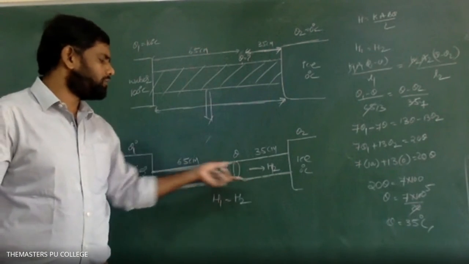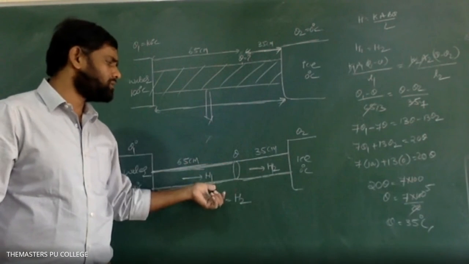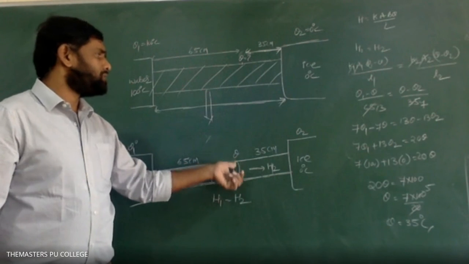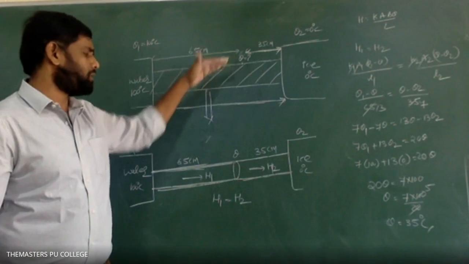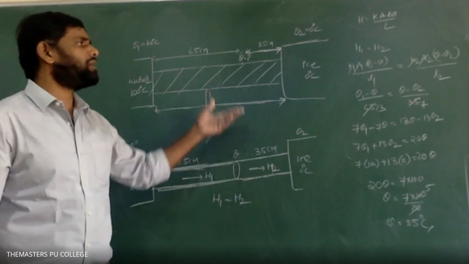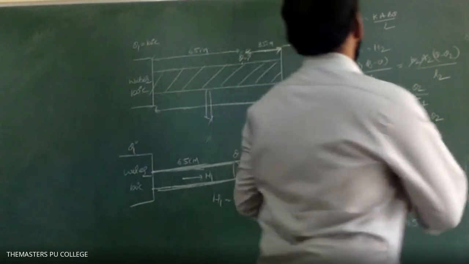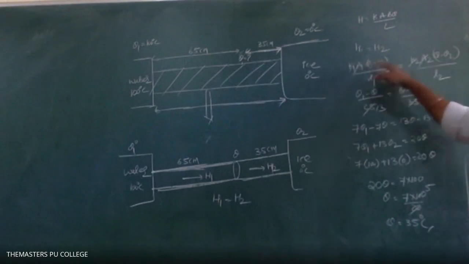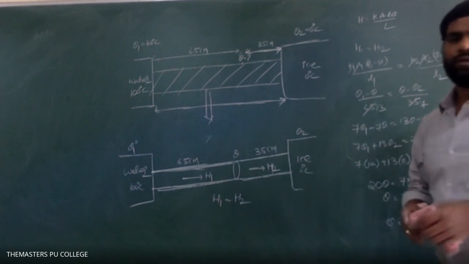If two rods of same material and same area of cross section are connected like this, how to calculate theta is the same. It is analogous to this one. Instead of calculating theta here, if we compare with this, then we can calculate theta. So that's why we go with H1 equals H2. So K1 A1 upon theta 1 minus theta, based on this proper calculation we have theta equals 35 degrees.